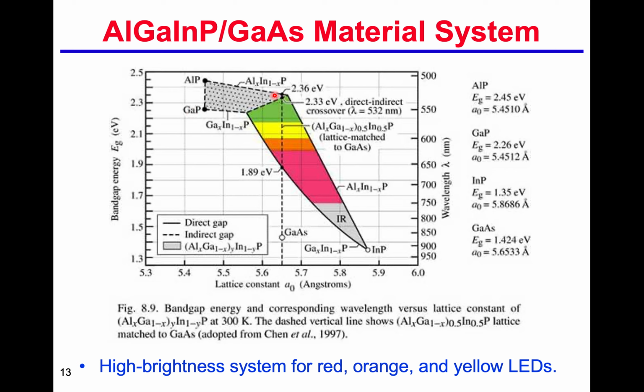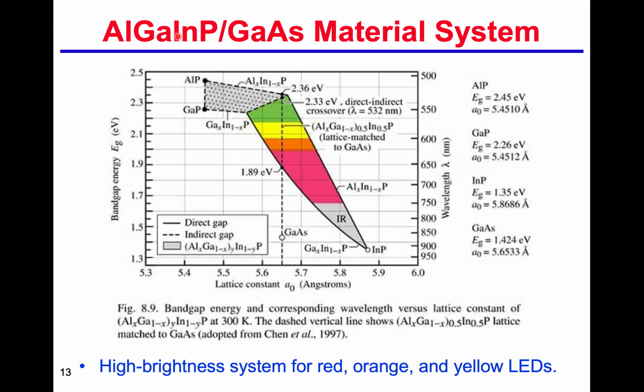So let's see the band diagram, band energy versus lattice constant, for the long wavelength system, which we call the phosphide system. We use aluminum, gallium, indium.